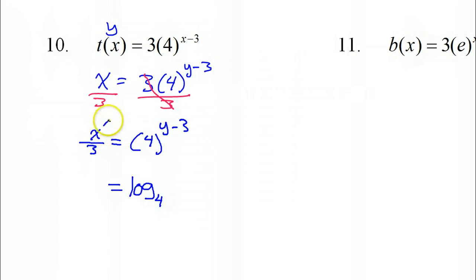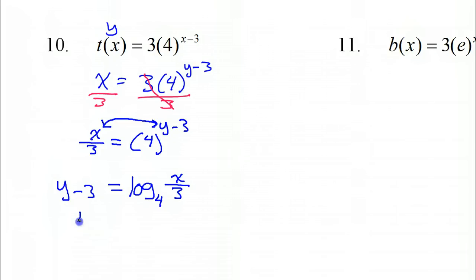So I'm going to have my y minus 3 over here and my x over 3 right here. So y is almost by itself. We just need to add 3 to both sides like so.